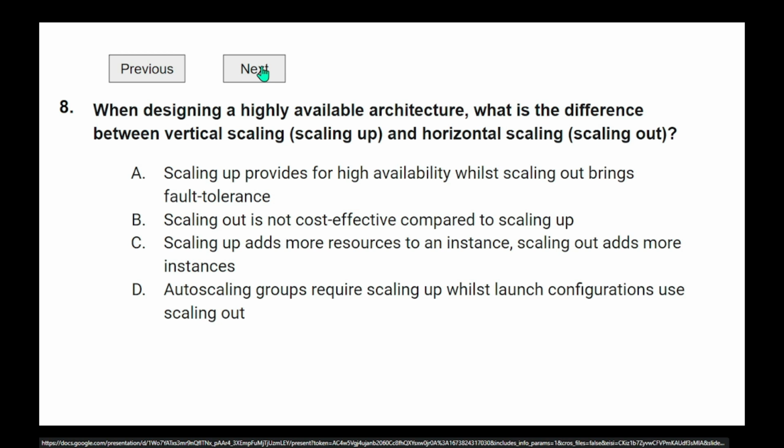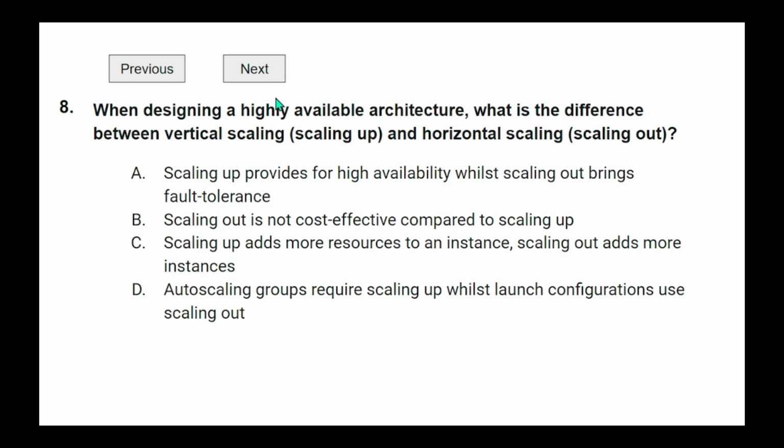Question 8. When designing a highly available architecture, what is the difference between vertical scaling or scaling up and horizontal scaling or scaling out? Option A, scaling up provides for high availability, while scaling out brings fault tolerance. Option B, scaling out is not cost effective compared to scaling up.